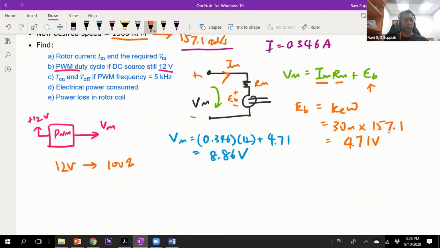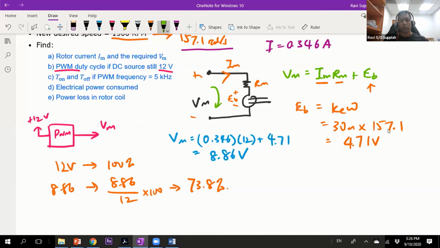That is my supply. Now I have 8.86, so it's just a ratio. It's 8.86 over 12 times 100, and I will get a value of 73.8%. That means I am supposed to have a PWM duty cycle of 73.8.